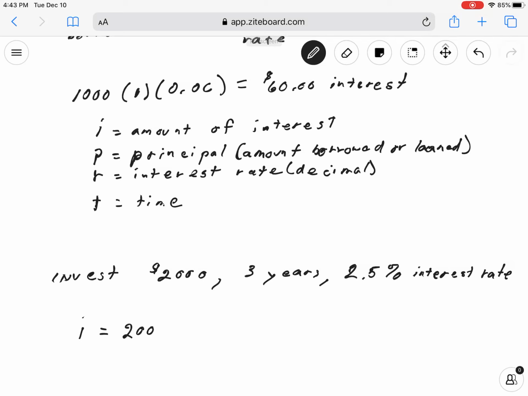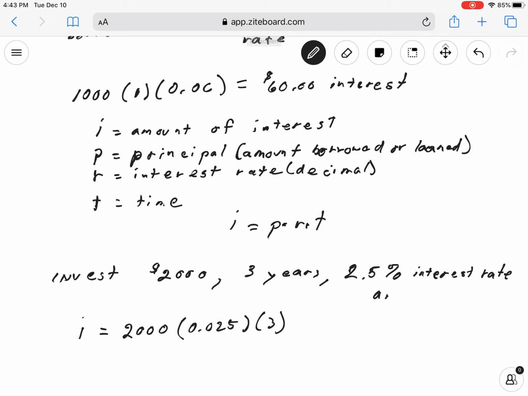So we have our $2,000. And let me just write the formula here using these. So I equals the principal times the rate times time. So my principal is 2,000. My rate in terms of a decimal is 0.025. My time is 3 years.